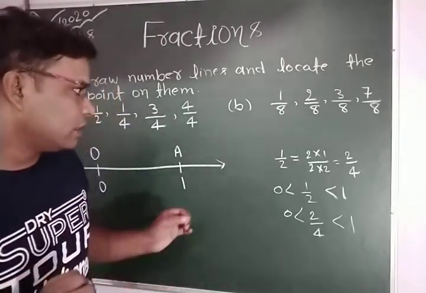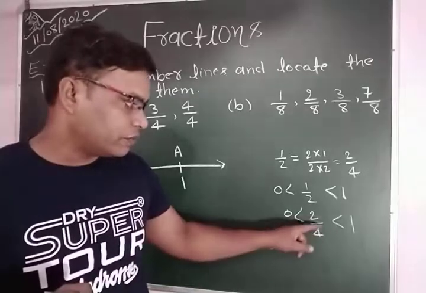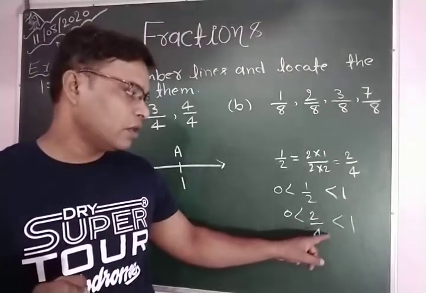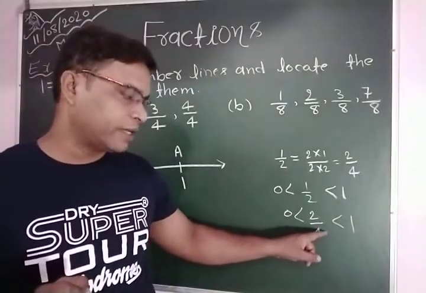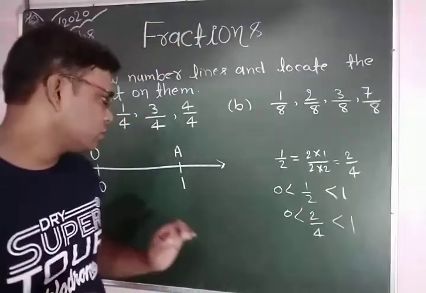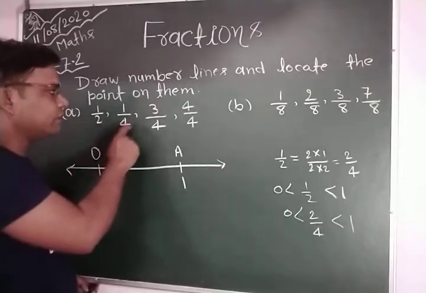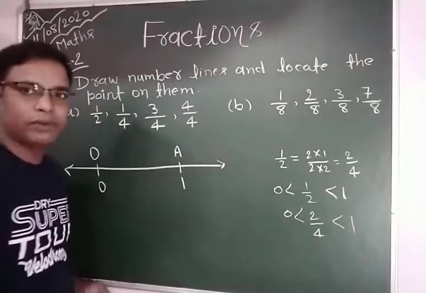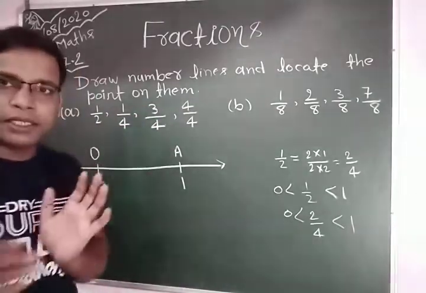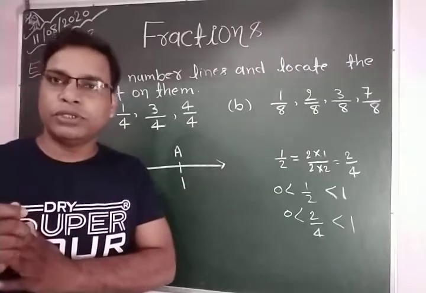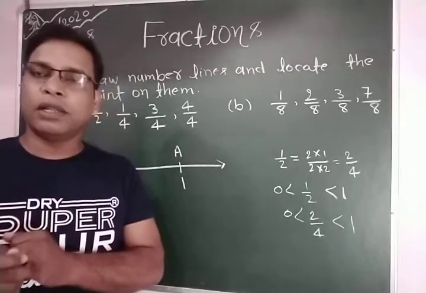Here you can see the denominator is 4. What is the denominator of this fraction? This is 4. So in each case, 1 by 4, 2 by 4, 3 by 4, 4 by 4, we can divide the line segment between 0 and 1 into 4 equal parts.